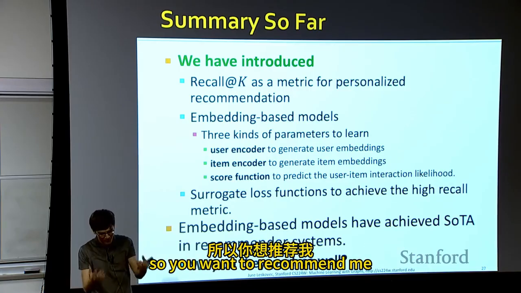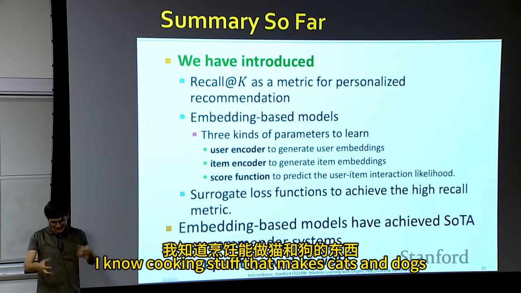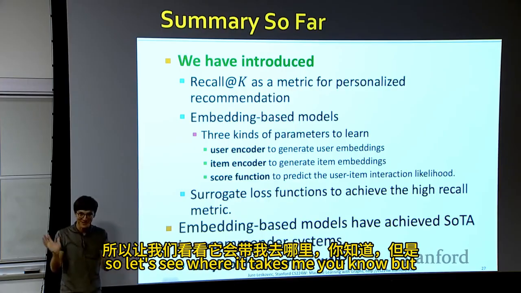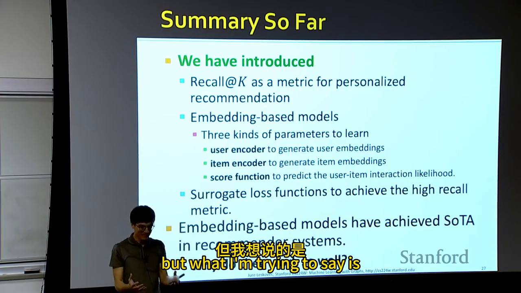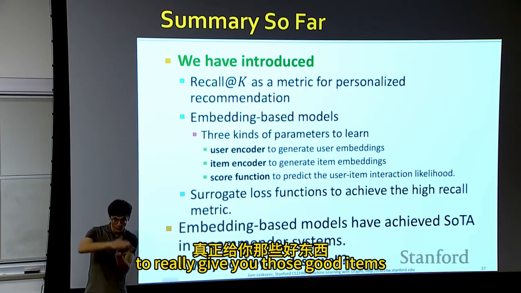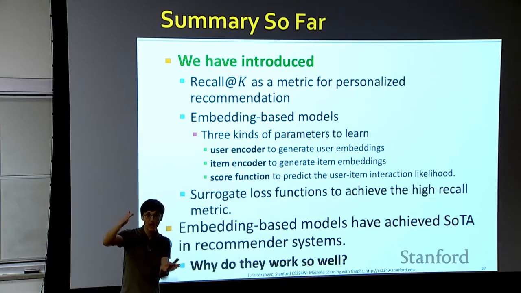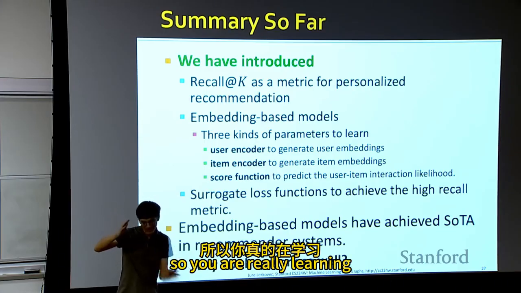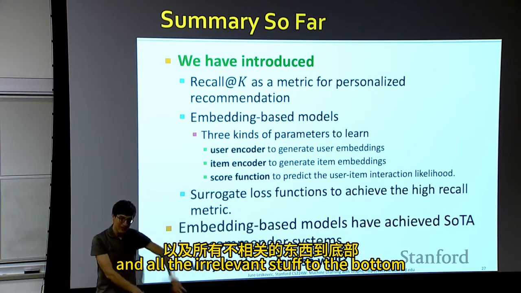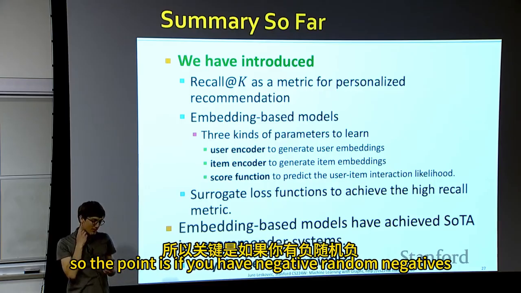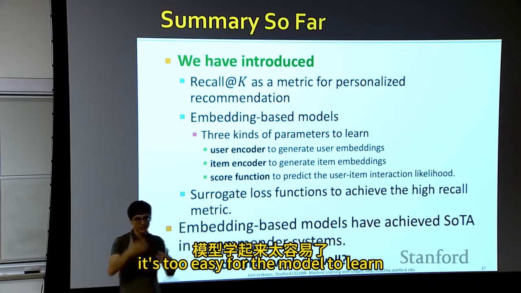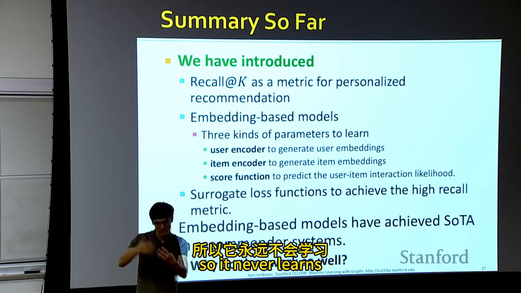So you want to recommend me cooking stuff that makes cats and dogs. I'm making this up as I go, so let's see where it takes me. But what I'm trying to say is, it's important to force the model to give you those good items in the top 100 out of a billion. So you are really learning to push the good stuff all the way to the top and all the irrelevant stuff to the bottom. If you have random negatives, it's too easy for the model to learn and there's too much noise at the top, so it never learns.